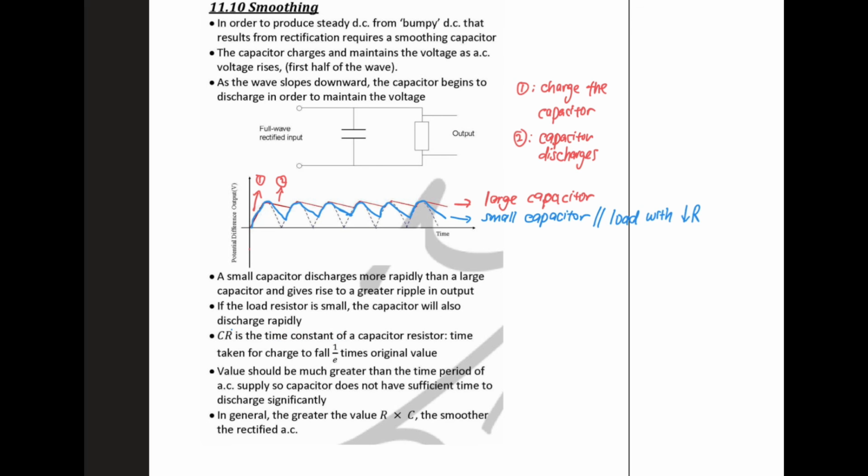Let's think about it. We consider their unit alone, then you will understand something. C times R. The unit of C is farad. The unit of R is ohm.